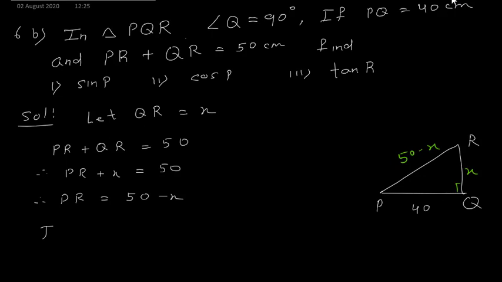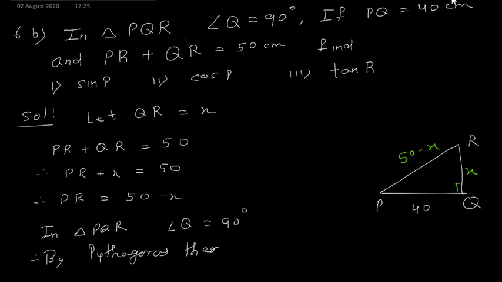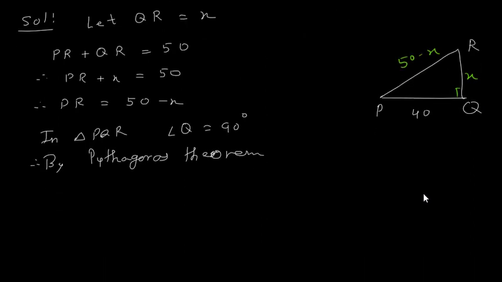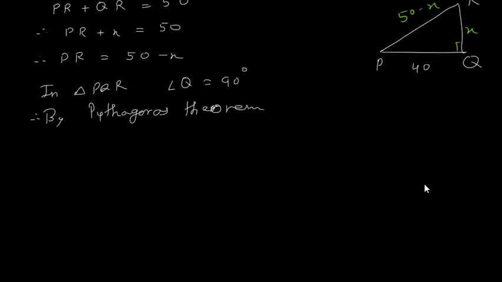So in triangle PQR, angle Q is 90 degree. Therefore we will apply Pythagoras theorem, and using Pythagoras theorem I will say that PR square is equal to PQ square plus QR square.